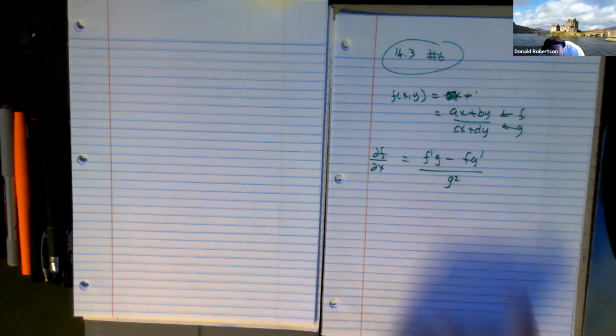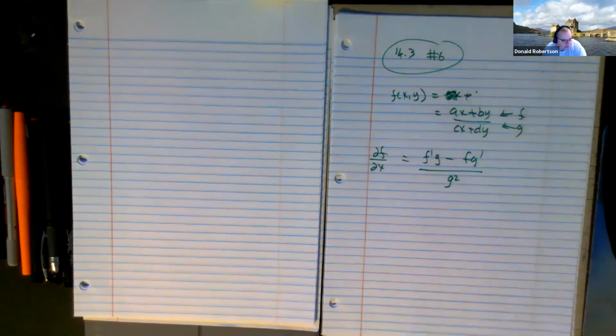X. Okay, so let's do X. Then what I'm going to realize here is this is a quotient rule. So it's going to be f dash g, take away f g dashed, all over g squared. What makes this a little bit different from the typical questions is that there are these extra guys, A, B, C, and D. Those are also constants, so I'm treating them like numbers as well.